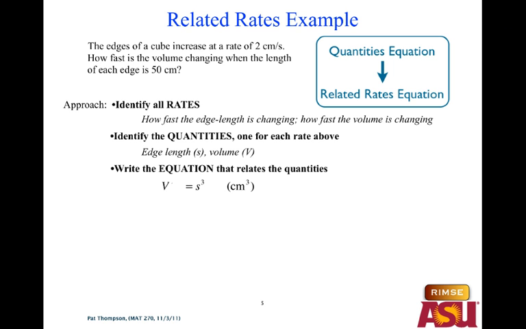So that's the equation that relates the quantities. Now I want the related rates equation. So I want the equation that relates the associated rates. How am I going to get that? Where's Richard Givens? Randy. I've got V equals S cubed. That's the quantities equation. How do I get the related rates equation? So basically, it's going to relate what? dV/dt and dS/dt.